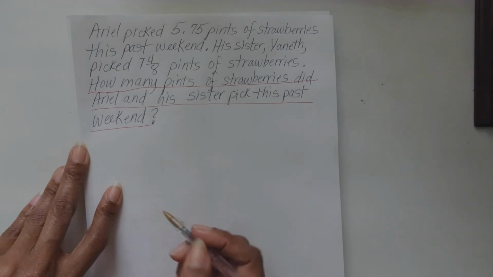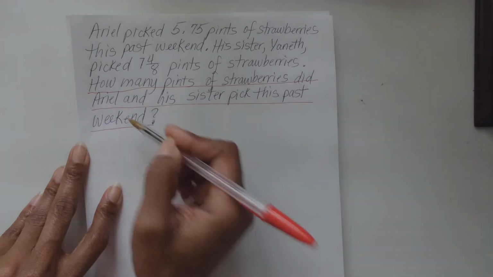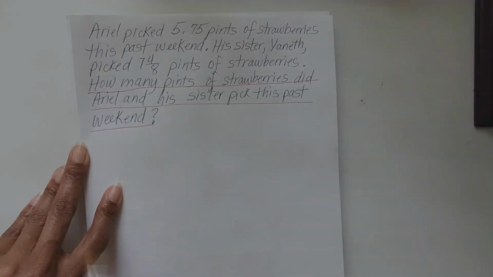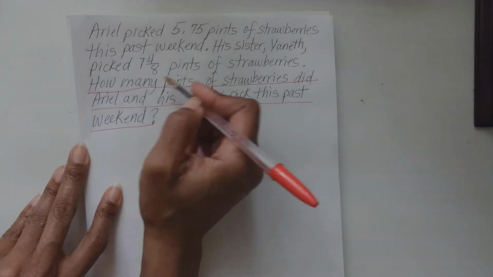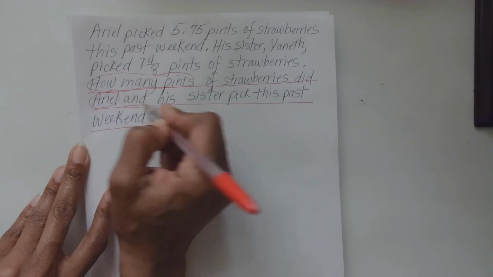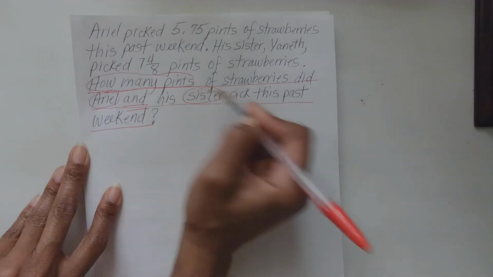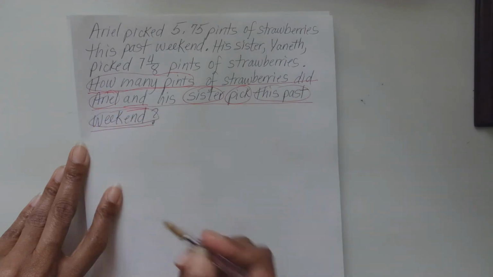Okay. And then step 3 says, what important information is needed to answer this question? Well, what's important in this question? What are we actually looking for? We're looking for how many pints Ariel and his sister picked this past weekend.